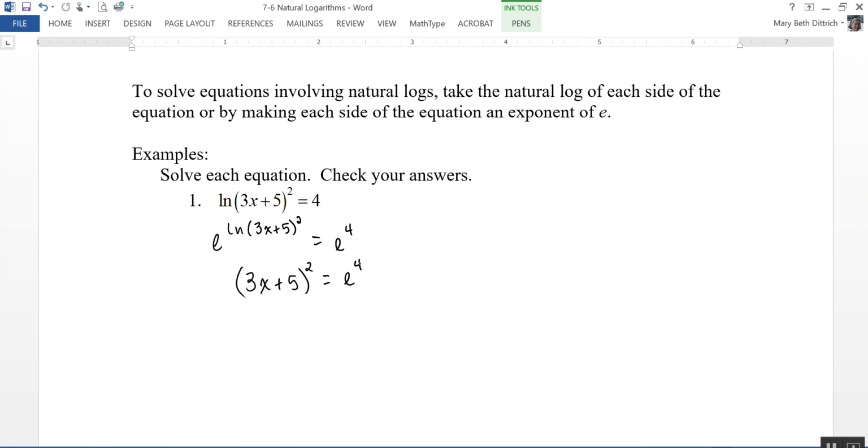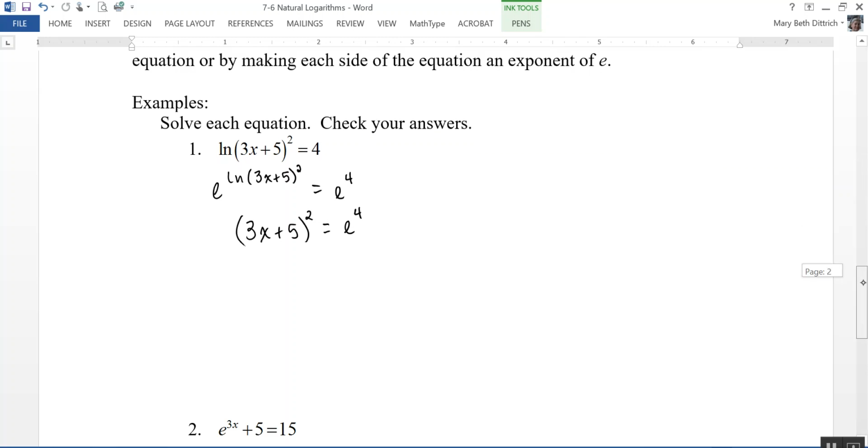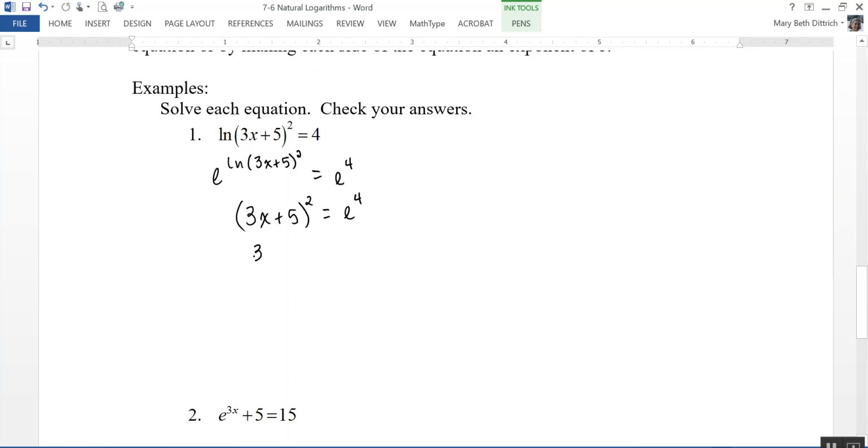Okay, now I need to solve this for x. So I will take the square root of both sides. So that's going to be 3x plus 5 equals plus or minus, and the square root of e to the fourth is e squared. And now I'll subtract 5 on each side. So 3x equals negative 5 plus or minus e squared, and then divide both sides by 3.